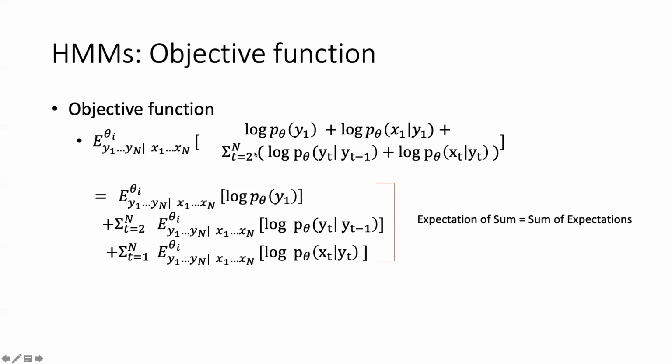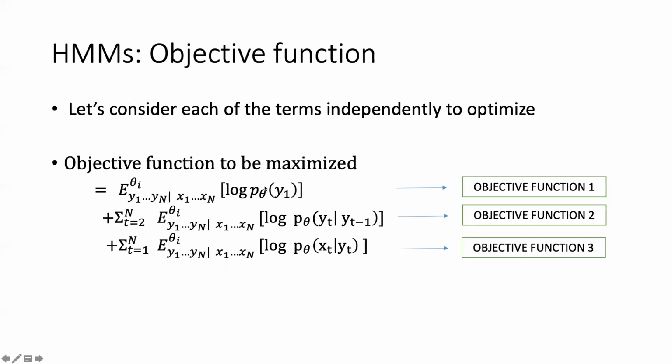So we can split this expression in order to compute each of the 3 parameters separately. The first is the initial probabilities, then the transition probabilities and the emission probabilities. We can compute the 3 objectives separately. So this is objective function 1, 2, and 3.